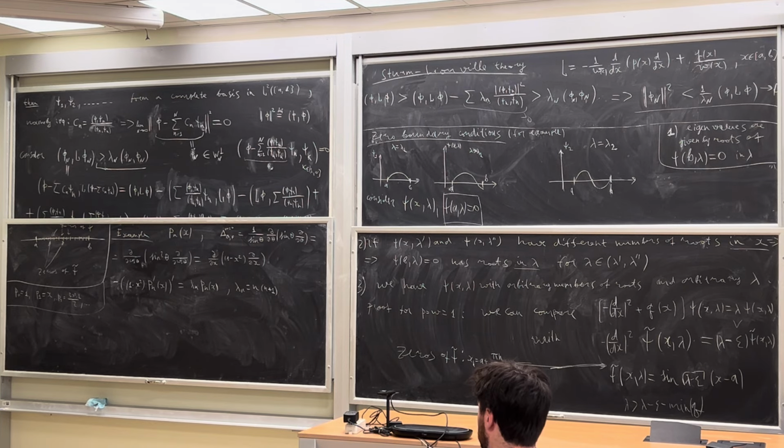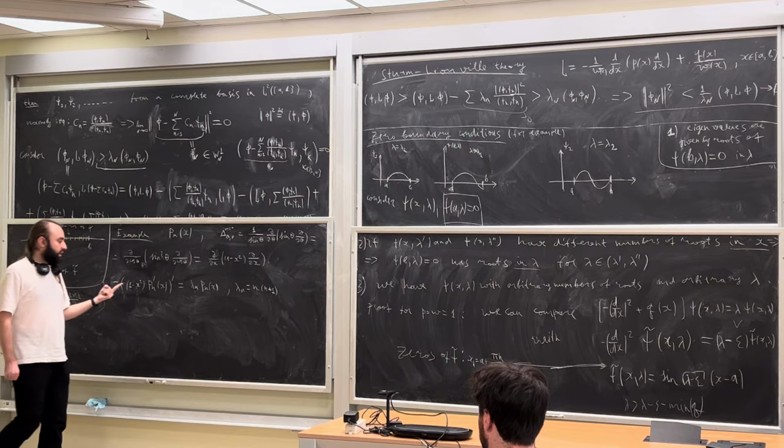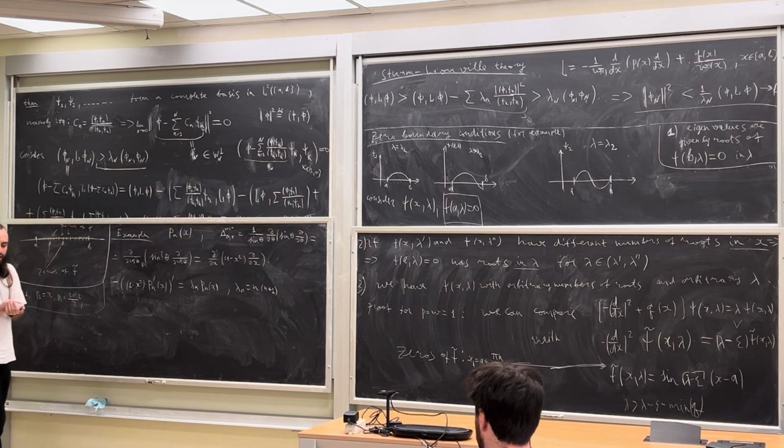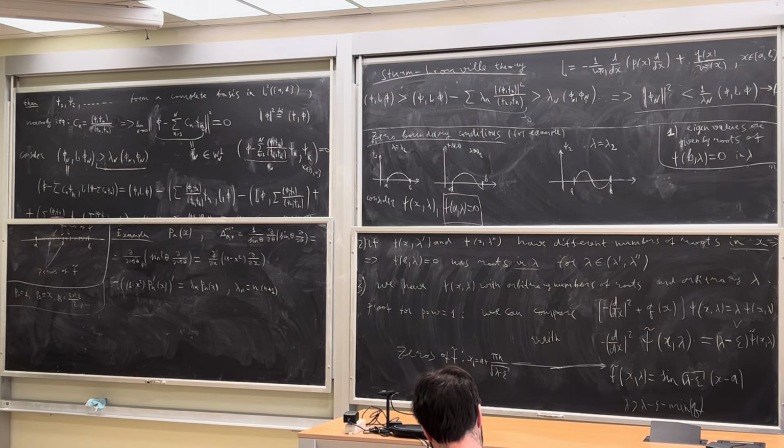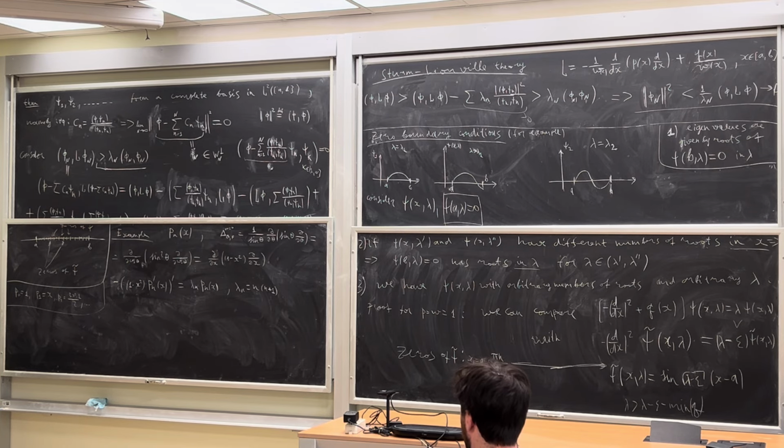But in principle, this equation has another solution for the same eigenvalue. Do you have any idea how one could find the second solution, for example, for the first Legendre polynomial, without solving this second order differential equation?